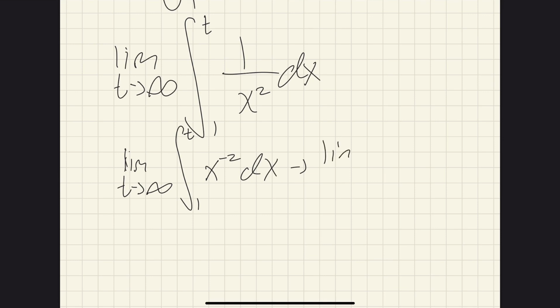And here we're just going to use our reverse power rule. Again, we're carrying around our notation, but it's no different. So now I'm going to evaluate the integral. We still have to carry around the limit. This comes out to x to the -1 over -1, reversing our power rule. And then we have from 1 to t here.